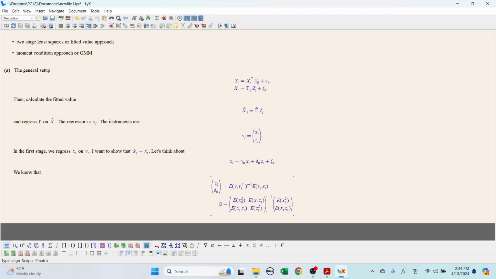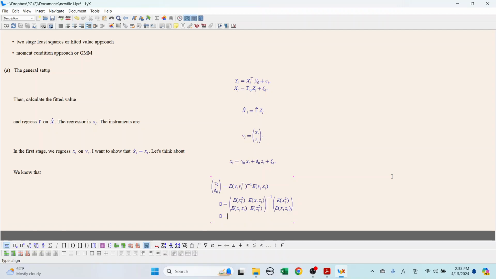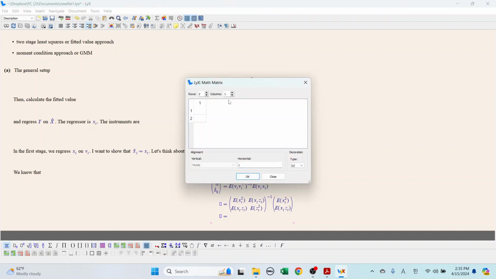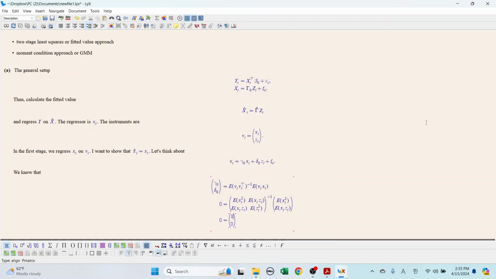You can just expand it, do some algebra, invert this matrix and calculate that. It is tedious algebra, but you will obtain an interesting result. It will be 1 and 0. So if you get 1 and 0, then clearly you will get 1 here and 0 here.